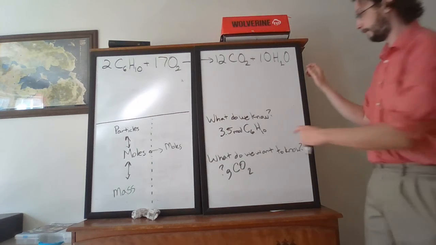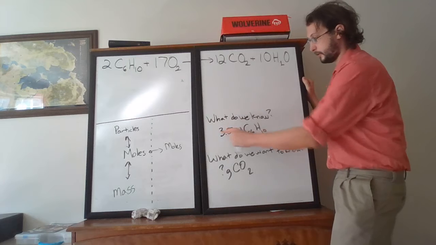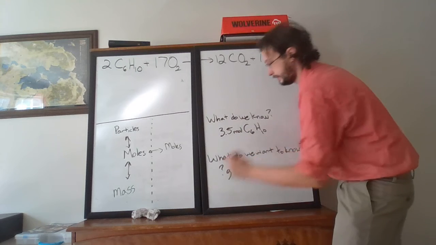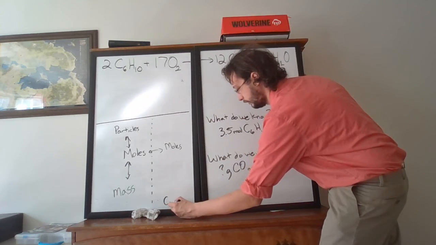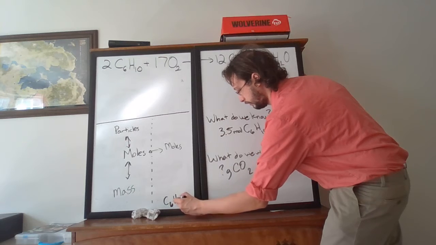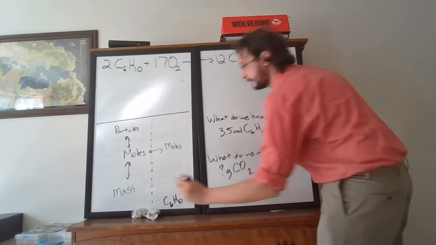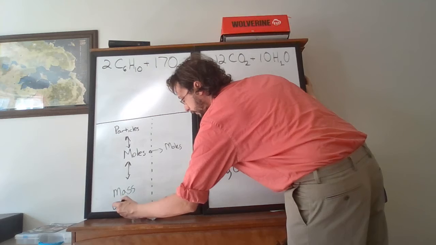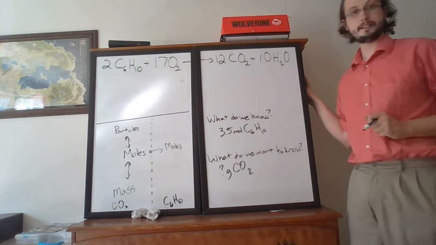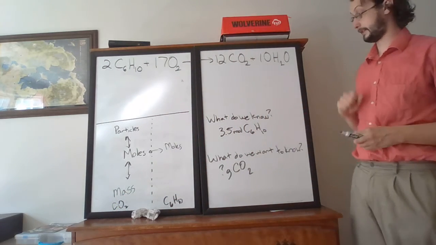Now, for these problems, we're going to take the first substance and assign it to the right side of our graphic organizer, and the other substance to the left side. So on the right side we've got hexane, on the left side we've got carbon dioxide.